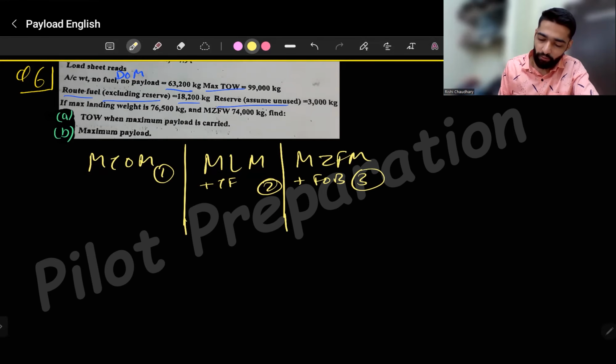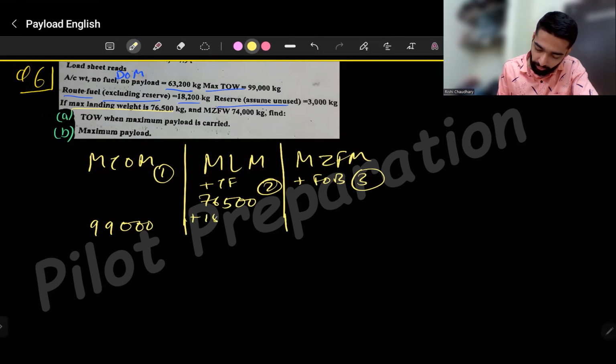So my maximum takeoff weight is 99,000 kg. Then my trip fuel is given as 18,200. I have to add it to the maximum landing weight, 76,500 plus 18,200. So this will give me route fuel.